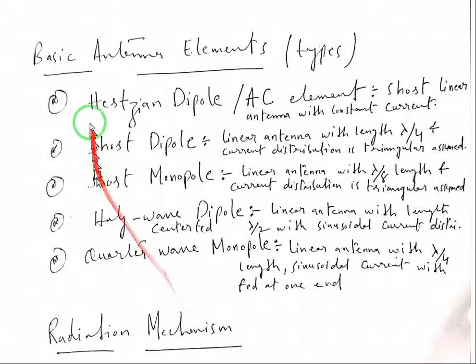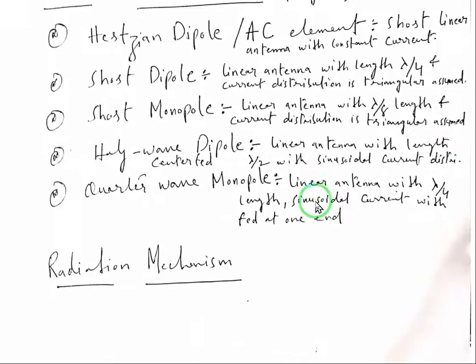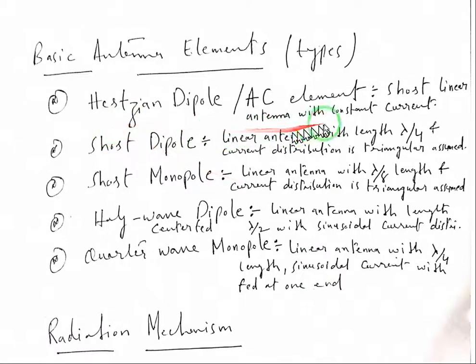First, we will discuss the Hertzian dipole or alternate current element radiation equations, because they are the reference antenna or the ideal antennas and ideal antenna elements.